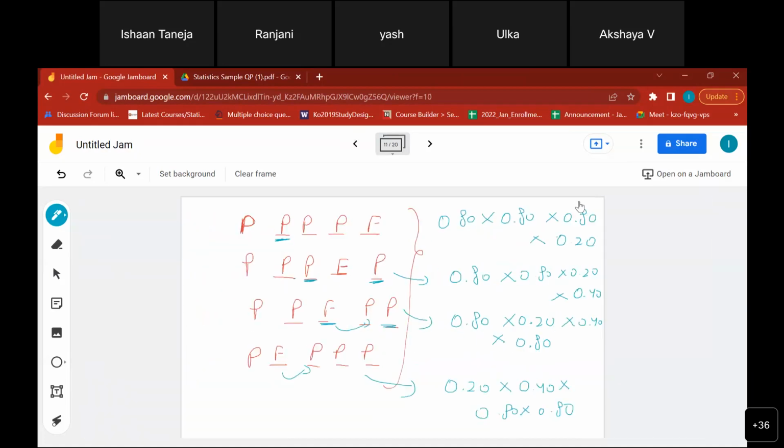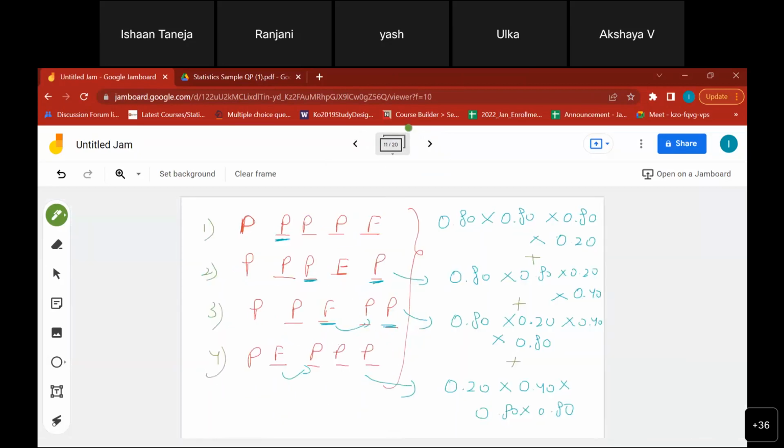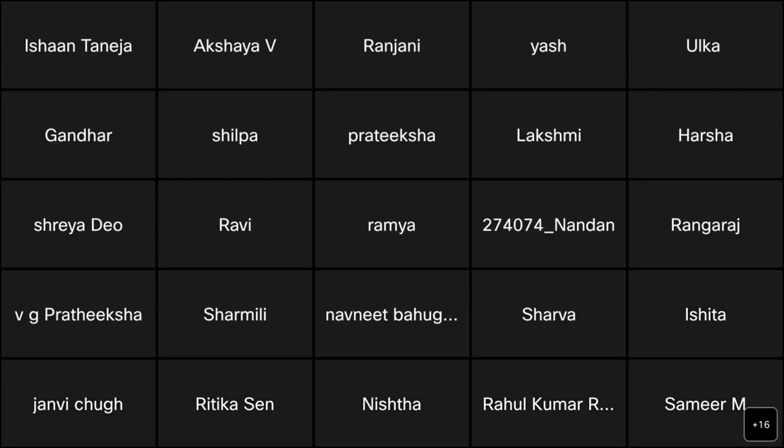The probability of E would be nothing but the sum of these 4, because these are the 4 cases of passing exactly 4 out of 5. F intersection E is only this case, right? So we know F intersection E, we know the probability of E, you can compute it, right? Thank you, sir. Clear, right? Yeah, clear.